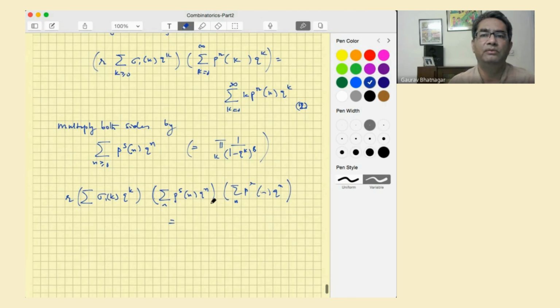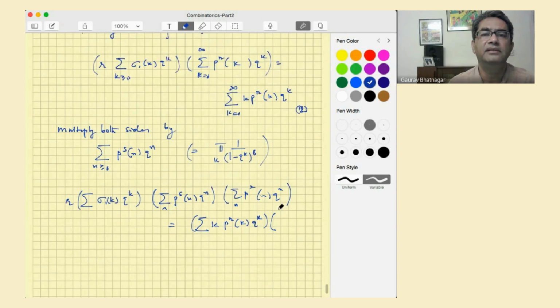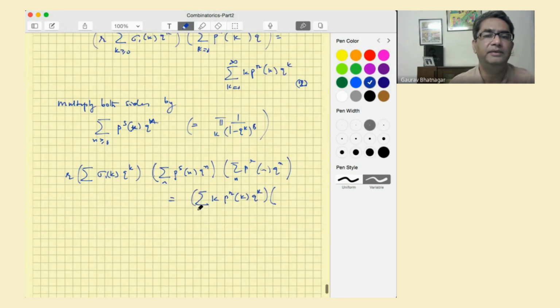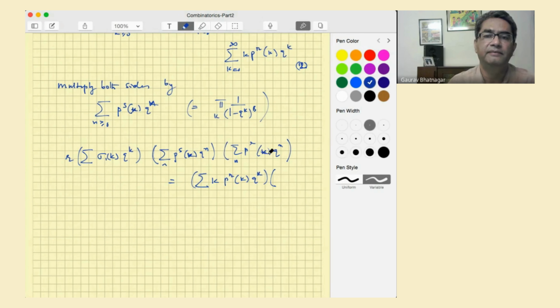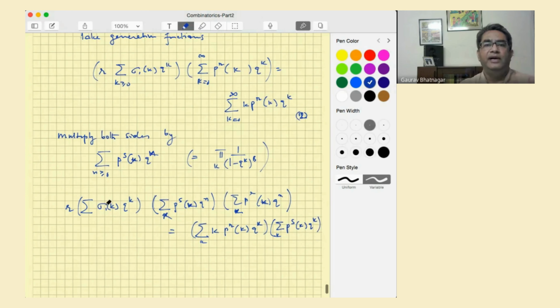This is equal to, so I'm multiplying here, the summation of k pr k q raised per k, times the summation of ps k q raised per k. Just keep it k. It doesn't matter what we're doing, but okay.